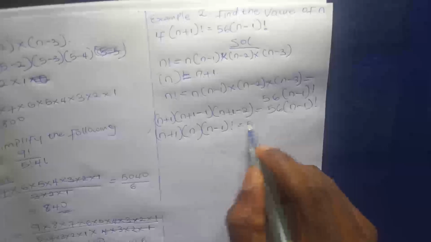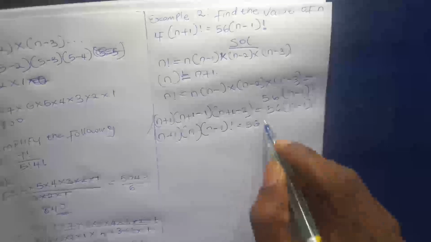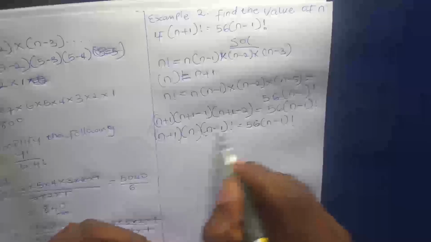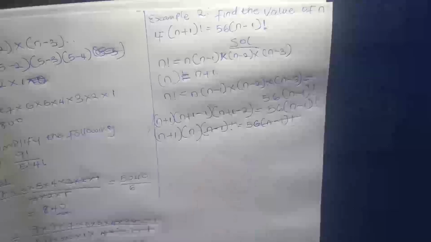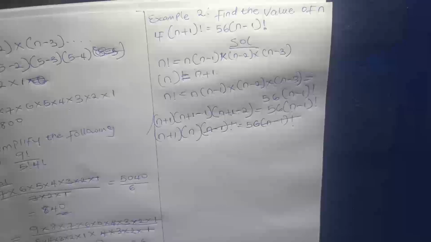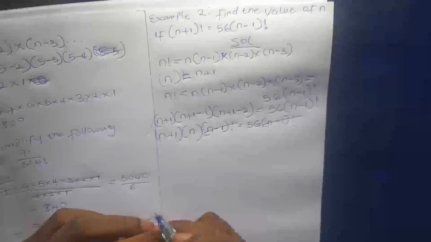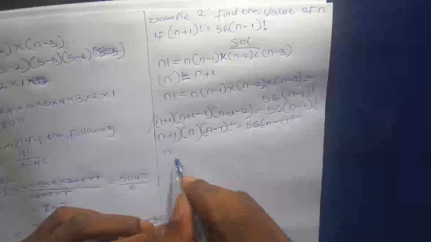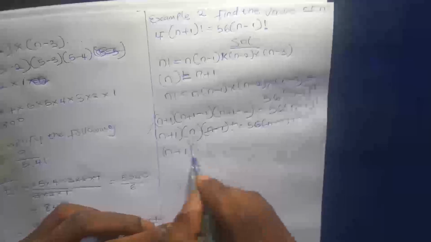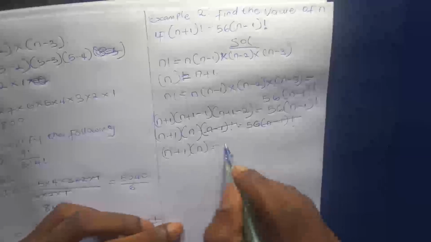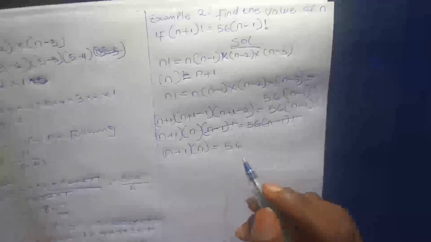So we have (n plus 1) times n times (n minus 1) factorial equals 56 times (n minus 1) factorial. Now we cancel out. Divide both sides by (n minus 1) factorial. We just cancel out. That will leave us with (n plus 1) times n equals 56.